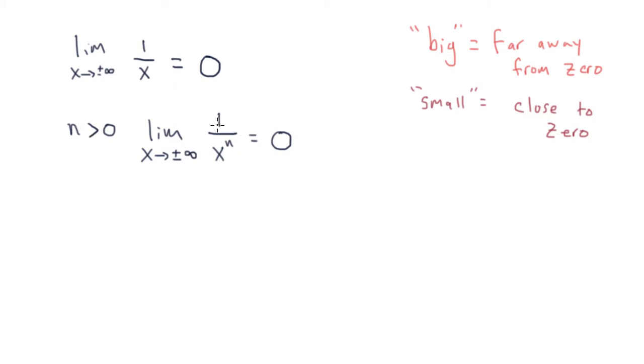And I'm still taking 1 over a big number. So that's giving me 0. So another way we can see this is that the line y equals 0, in other words, the x-axis, is a horizontal asymptote.